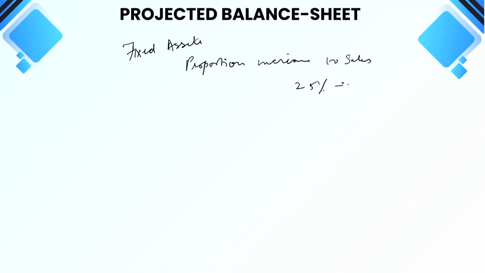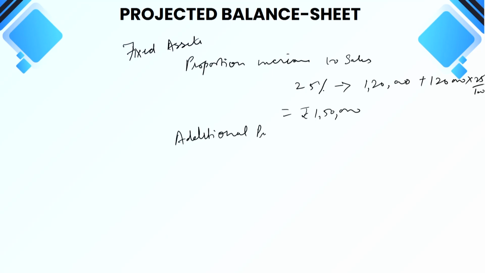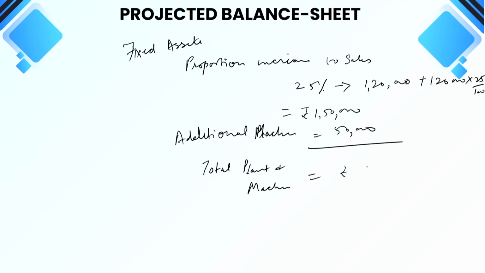So there will be a 25% increase in the value of plant also, which is 1,20,000. Now it will become 1,50,000 if we add 25% of 1,20,000 to the value of plant and machinery. The additional machinery acquired by the company is rupees 50,000. So our total value of plant and machinery for projection purposes would be rupees 2 lakhs.